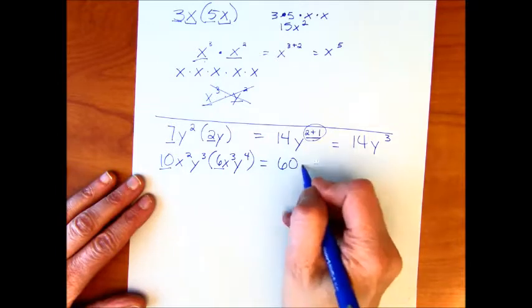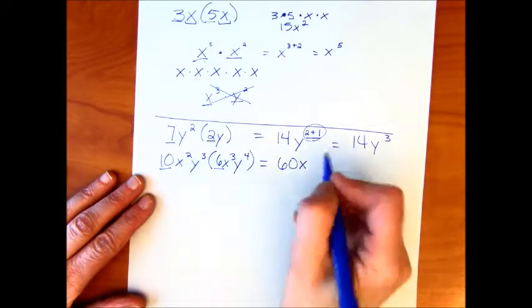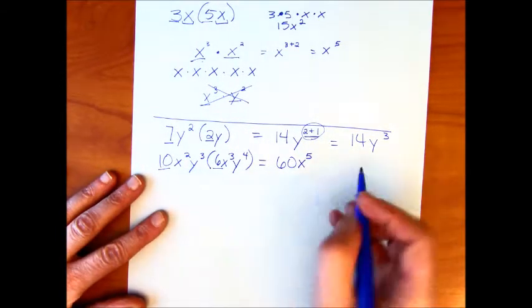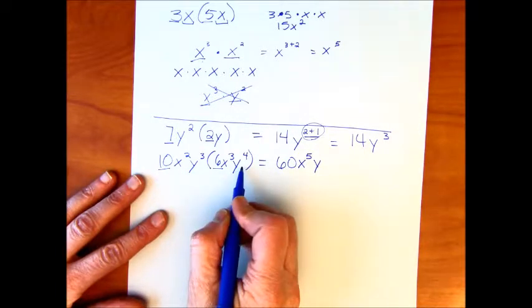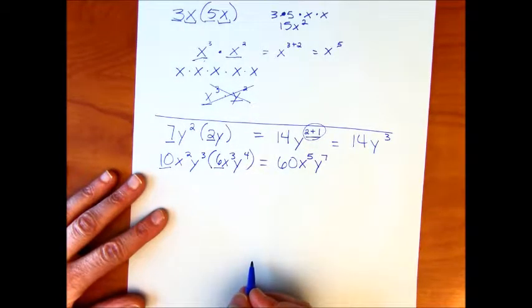So here we have an x squared and an x cubed. 2 plus 3 is 5, so that's going to be x to the fifth power. And now we have the y's. Y cubed times y to the fourth. 3 plus 4 is 7. So 60x to the fifth, y to the seventh.